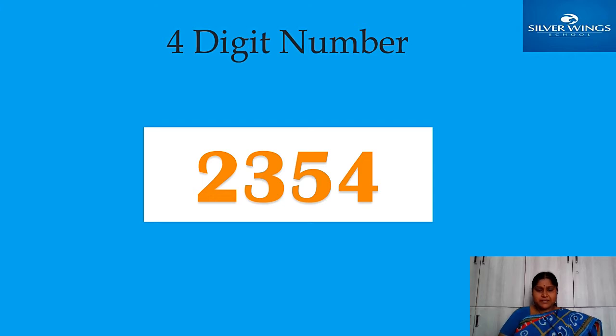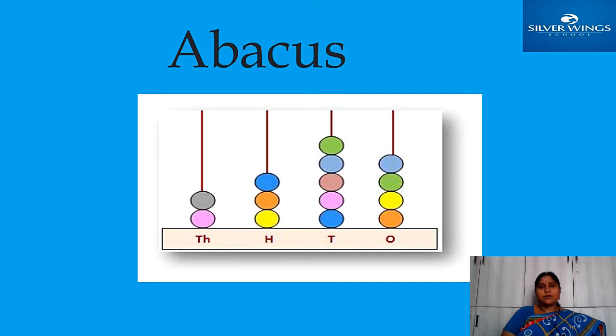Whenever you are saying place values, you should start from the right side, your extreme right. First one is 1's place, next 10's place, 100's, right to left. Okay children?